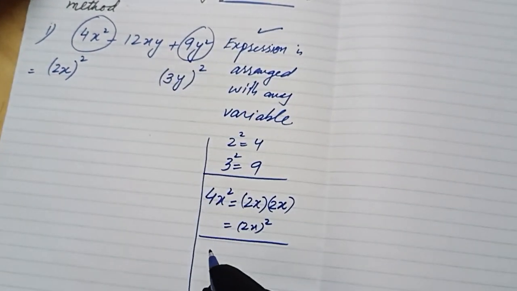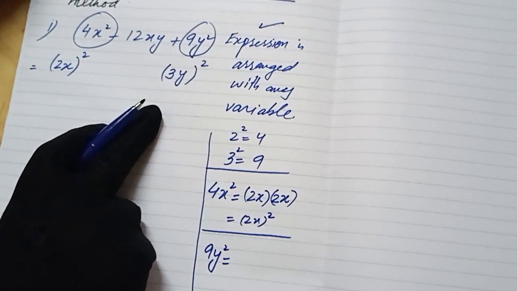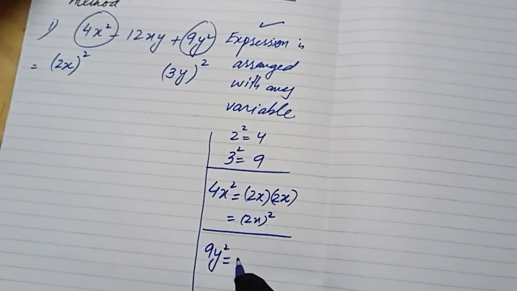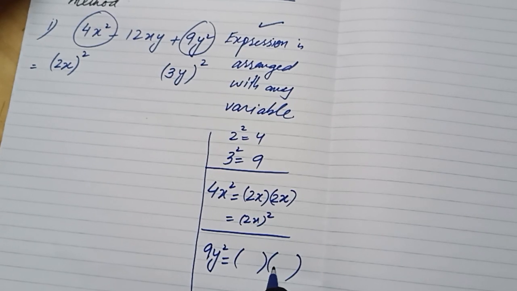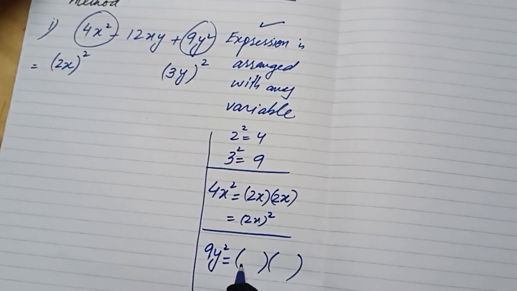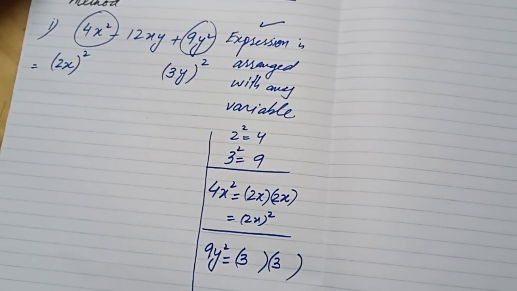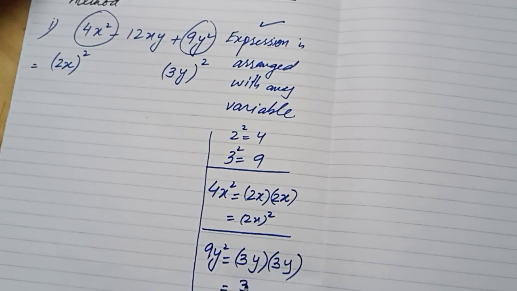The second one also the same way. Make two factors here. 9 has factors 3 threes are 9, and y square will be y and y. So with the same factors we obtain, we can write it like 3y whole square.